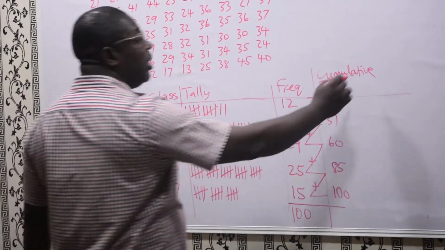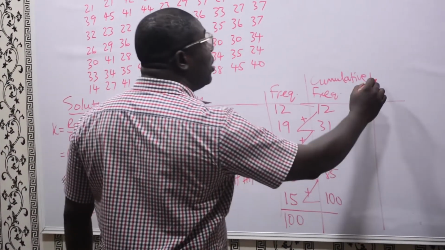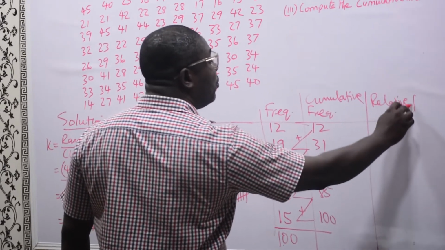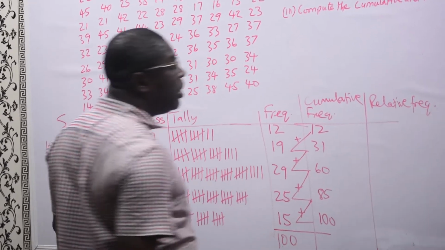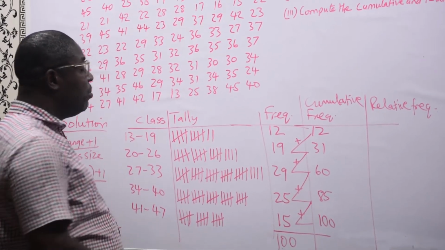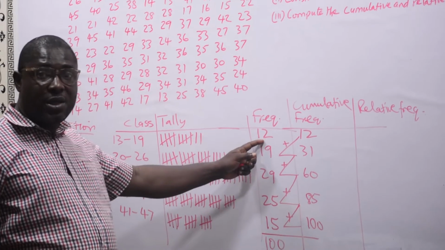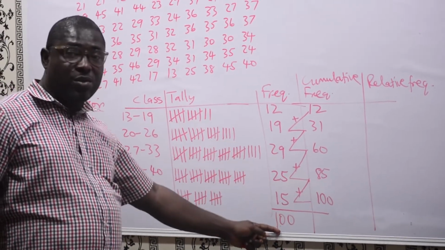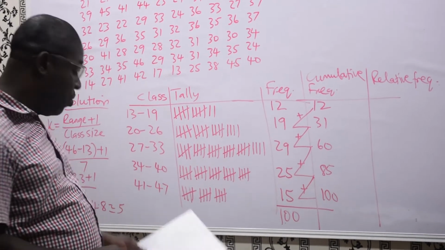Let's move on. Last but not the least, we will now calculate our relative frequency. The relative frequency is given as, remember, each frequency divided by the total frequency, times 100 over 1.